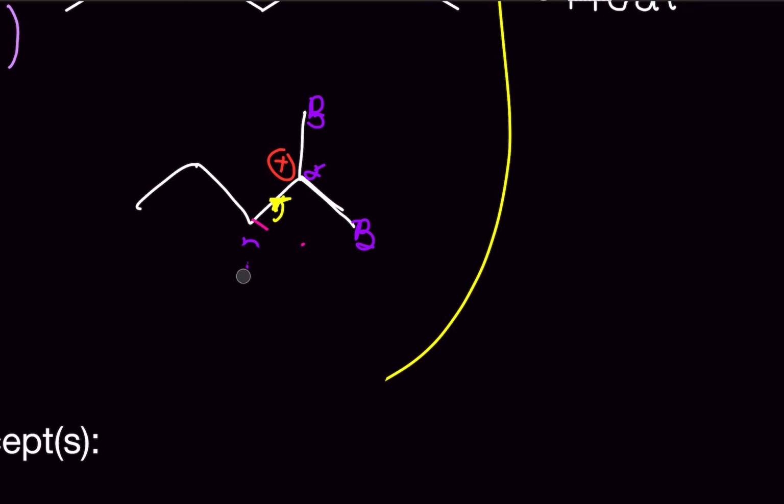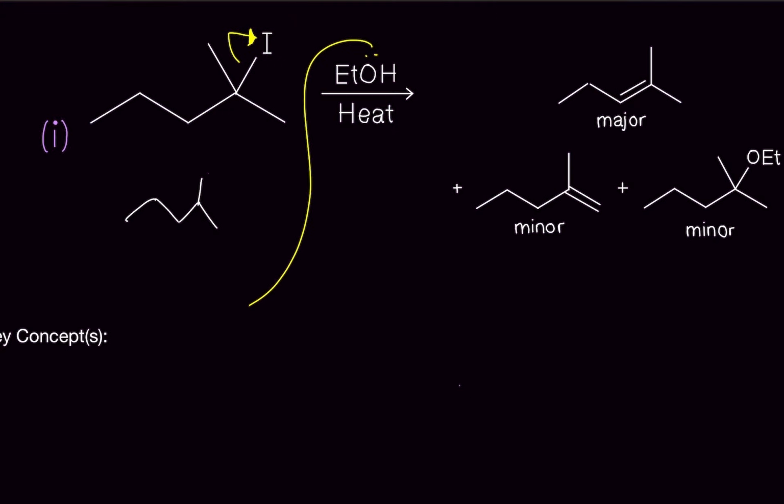Okay, so now we are going to do our minor product. Okay, how should I do that? Let me erase all this. Okay, so once again, leaving group leaves like usual.